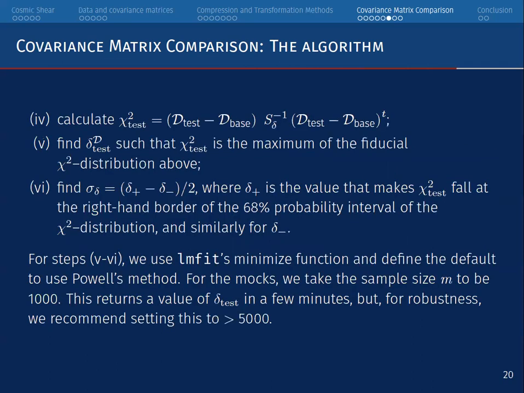We then produce a new chi-square, this time comparing the elements of the two matrices that we're actually interested in. This is then iterated until the algorithm finds the perturbation delta such that this new chi-square is the best fit value of the fiducial chi-square shown in the previous slide. We use this procedure to create a distribution for the values associated to the differences between the elements of the two covariance matrices that we're comparing.